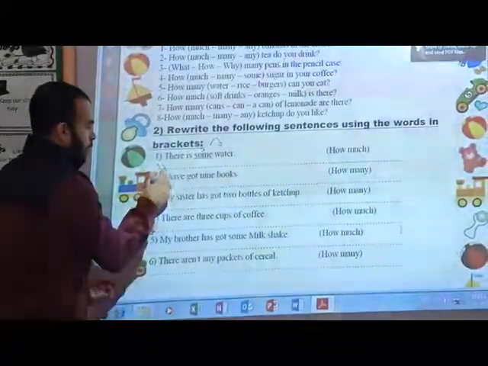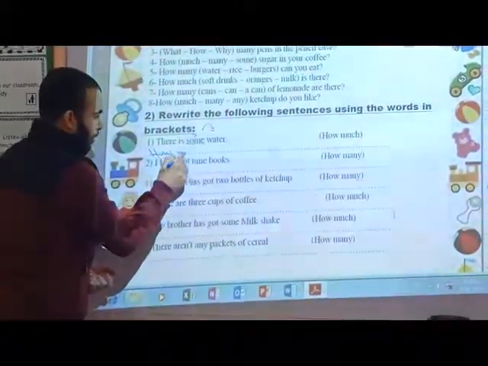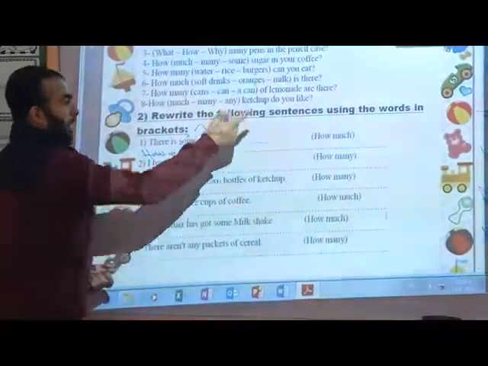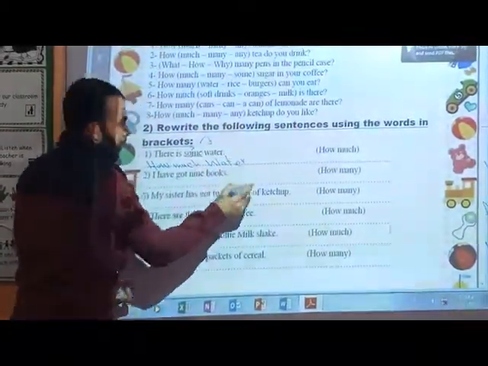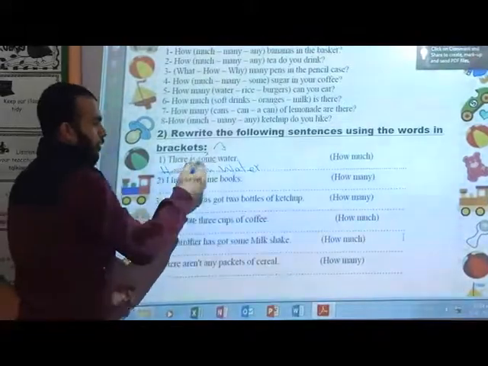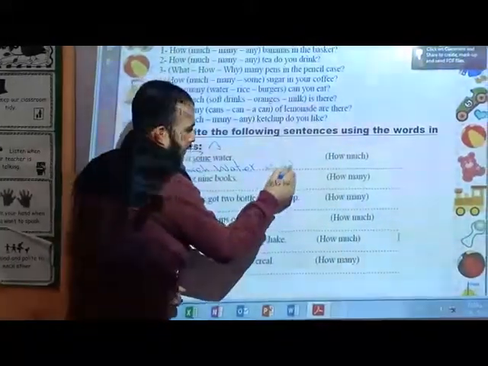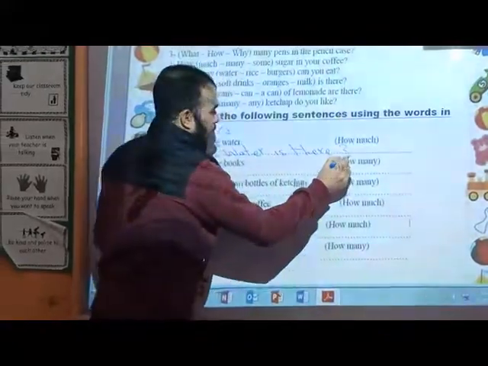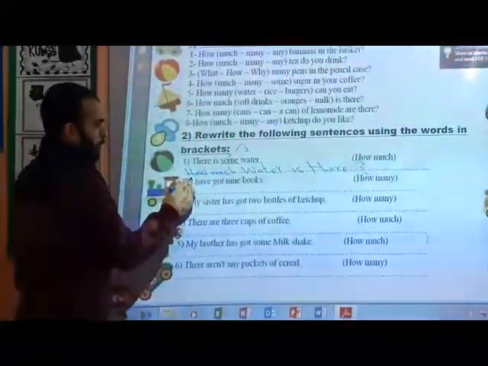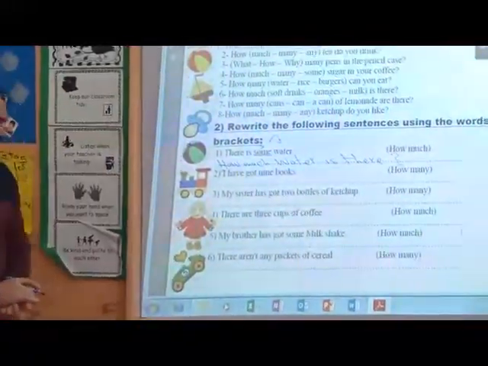Starting with how much, uncountable noun, water, is there. How much water is there? And don't forget to put the question mark at the end and start your sentence with a capital letter.